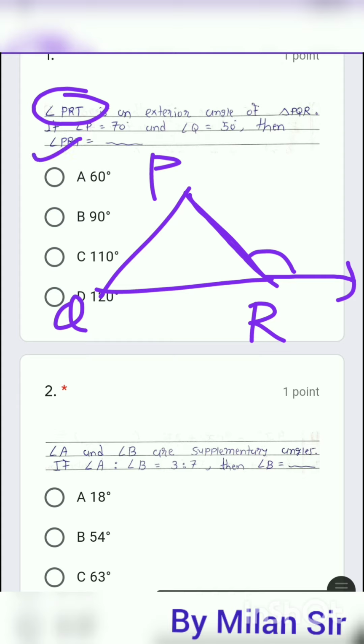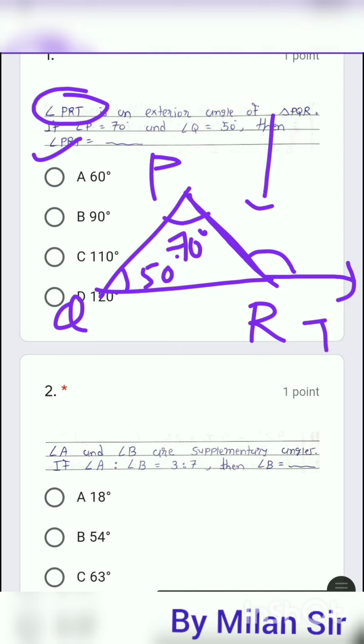Okay. One more thing, angle P is equals to 70 degree and angle Q is equals to 50 degree. Now if you know the exterior angle property, then you can easily find the answer of angle PRT.